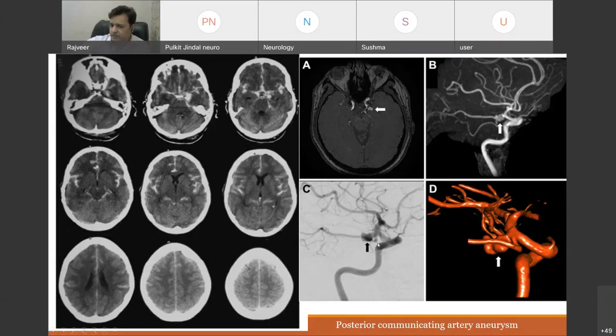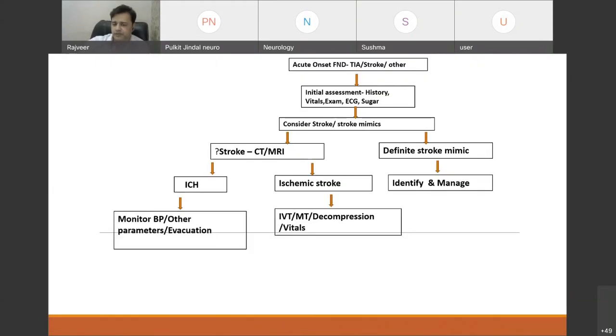This is DSA showing the similar PCOM aneurysm. This is a reconstructed CT angio image. These are two large aneurysms in PCOM. So if a patient comes with thunderclap headache and a picture suggestive of SAH, you should always order an angiogram, preferably CT angiogram or MR angiogram.